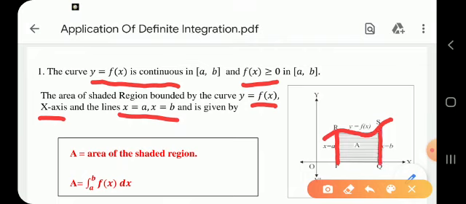Then the area bounded in between this y is equal to f of x, this x is equal to a, this x is equal to b, and this x axis. We have to find this area, and to find this we consider here integration from a to b of f of x dx.